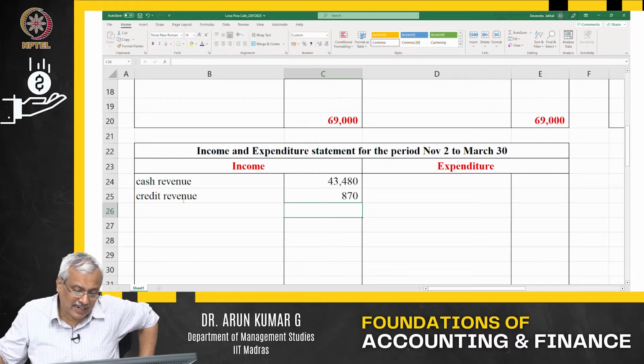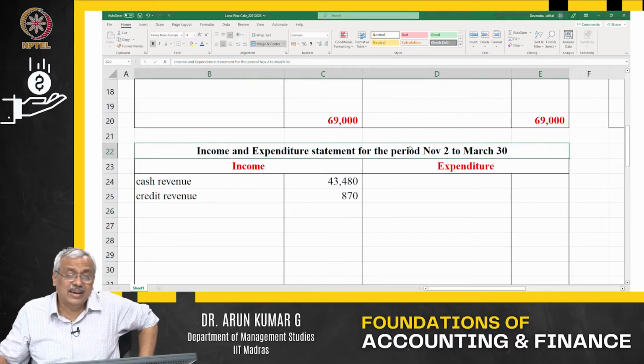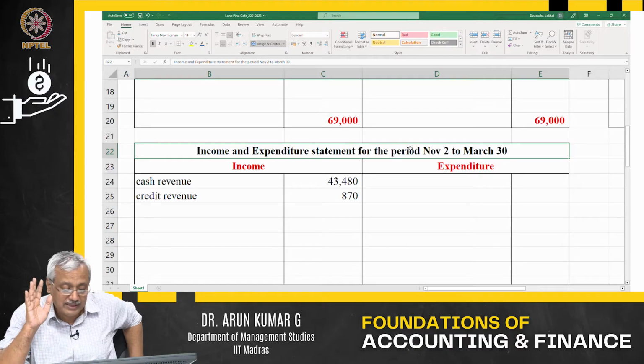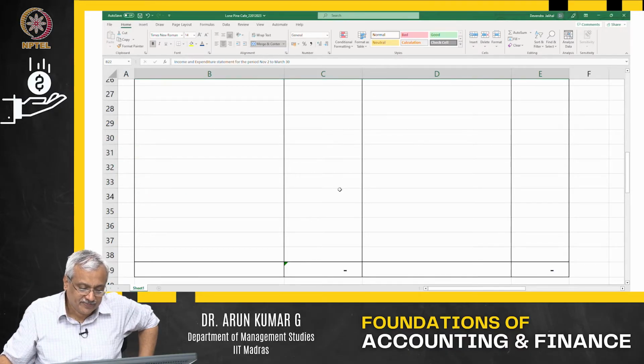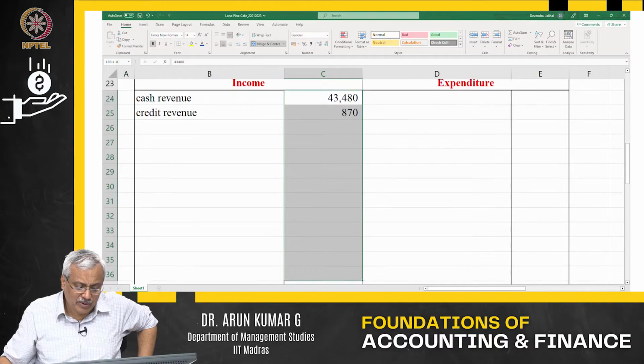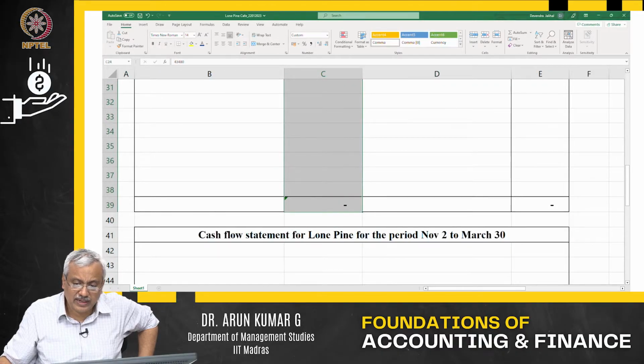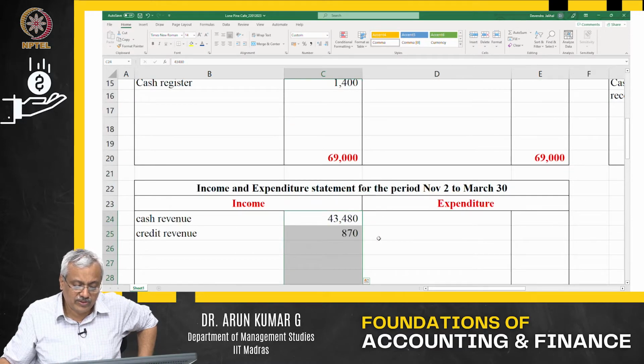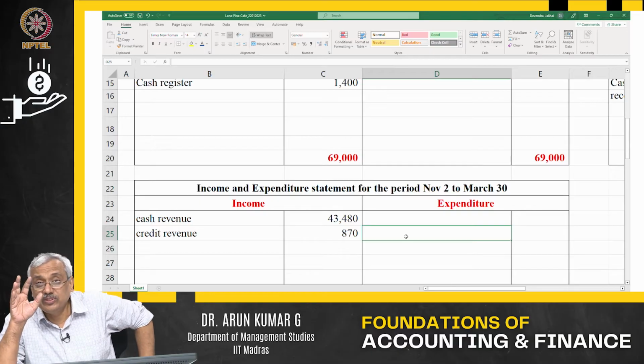But I am eligible to receive the money for this period. So my revenue is cash revenue plus credit revenue. These are my total revenue, 44,350 is the total revenue that I have.